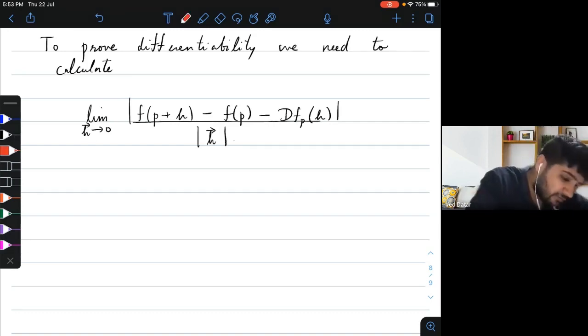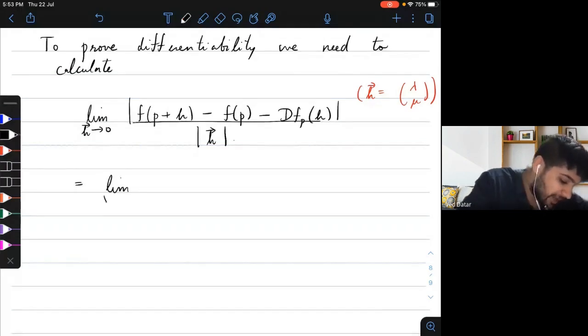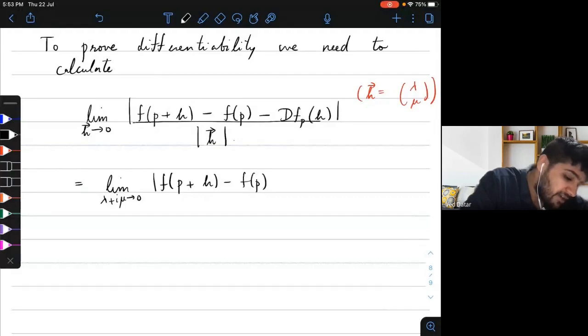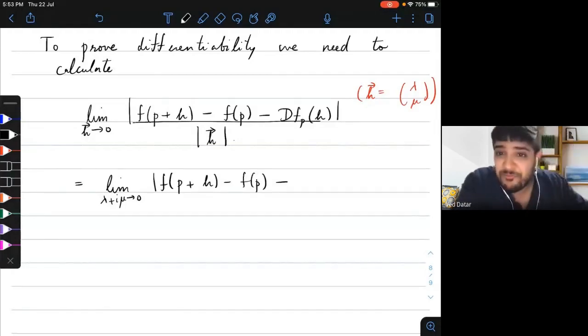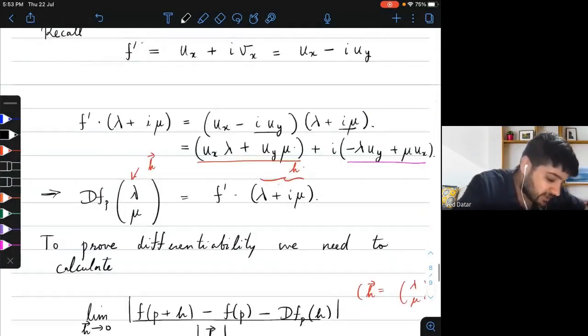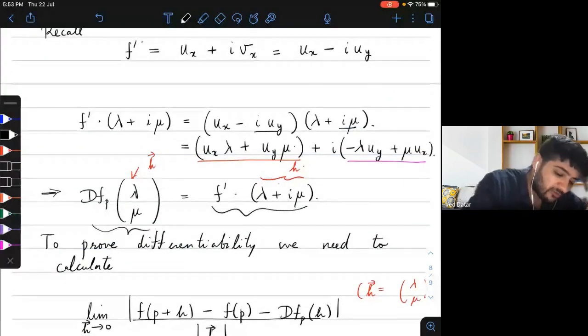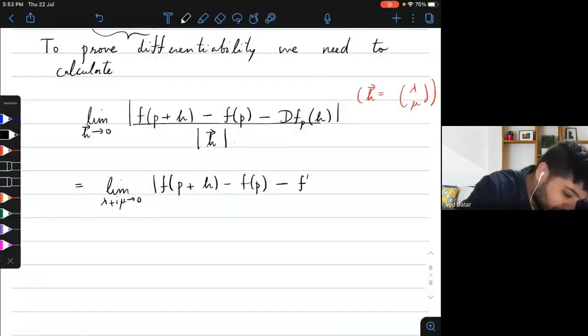But if you think of h as your vector (lambda, mu), then by the above calculation, this is the same as the limit as this complex number goes to 0 of f of p plus h minus f of p minus what Df_p at h is, which we have just calculated. This is precisely f prime of p times the complex number h, right?